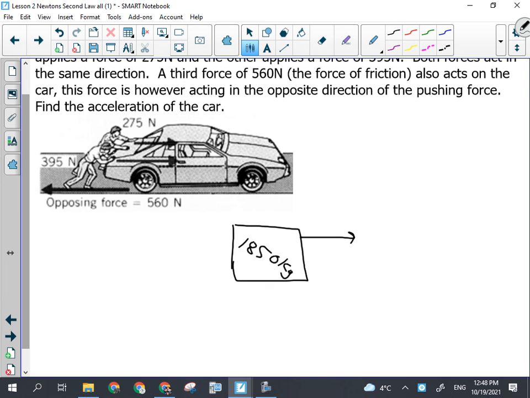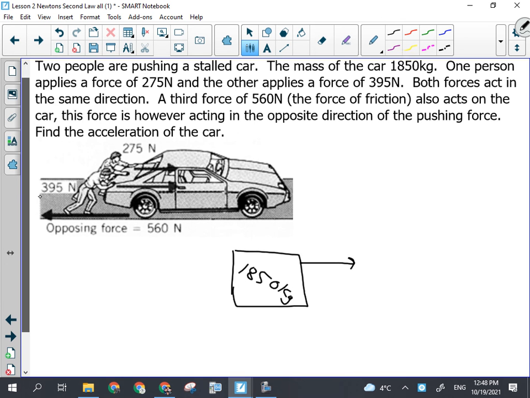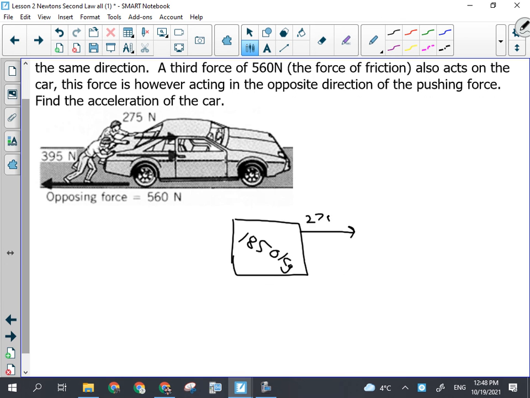So 275 and 395. Okay, so those are my two forward forces. And again, I'm using the same principles as drawing a vector diagram. My 395 newton force is longer than my 275 newton force.